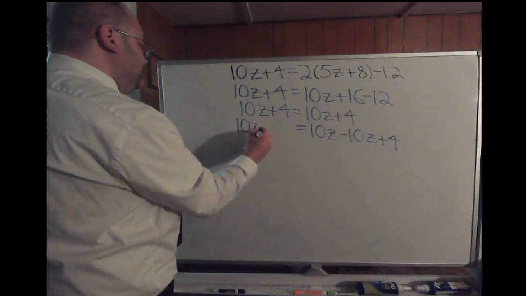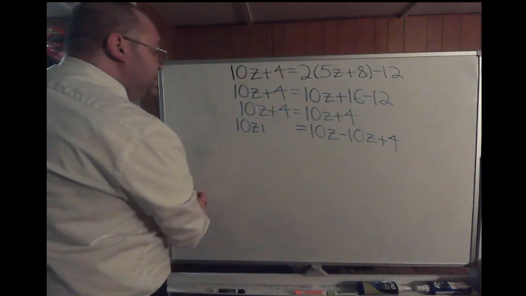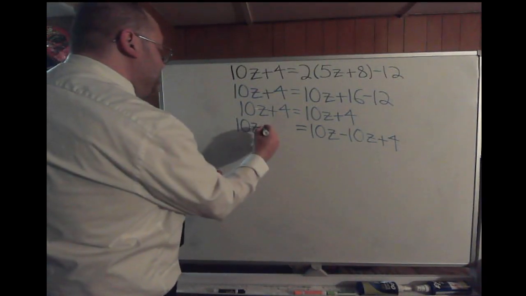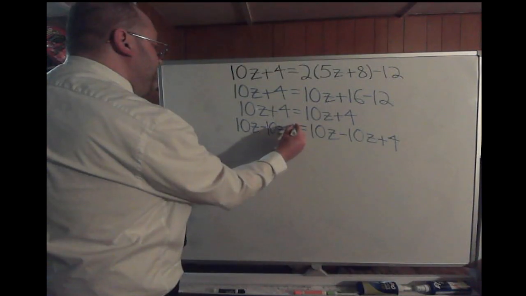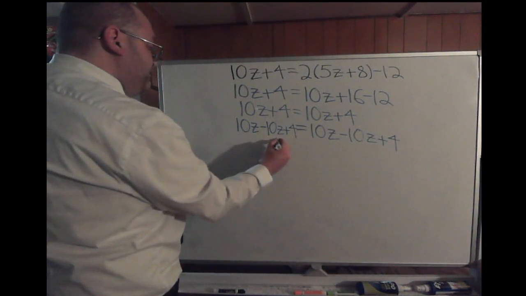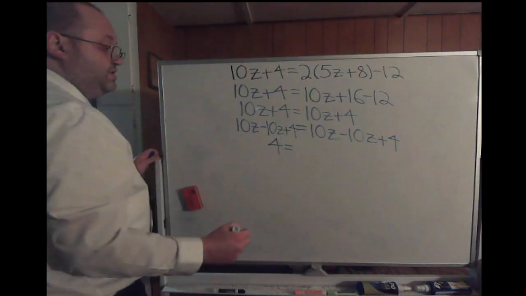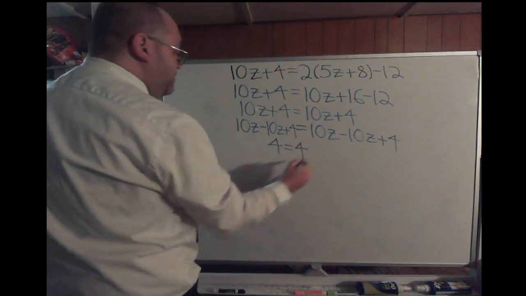You'll have 10z minus 10z, then you just have plus that 4 hanging out. On the left side, 10z minus 10z is 0, you just get 4. You'll set that equal to the right side, 10z minus 10z, that's 0, you just have positive 4.